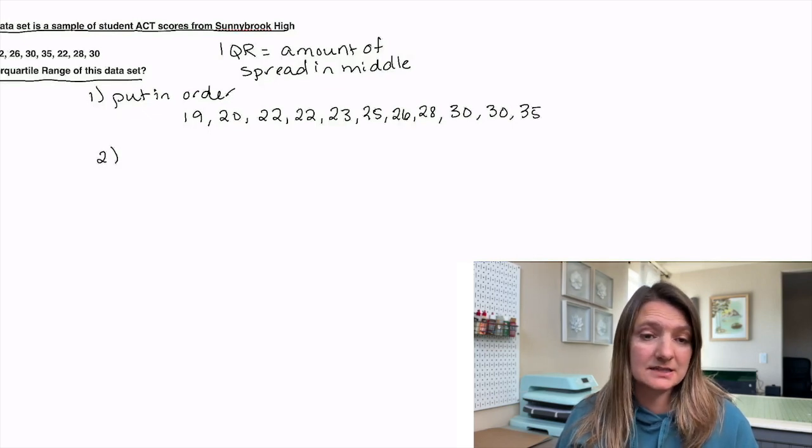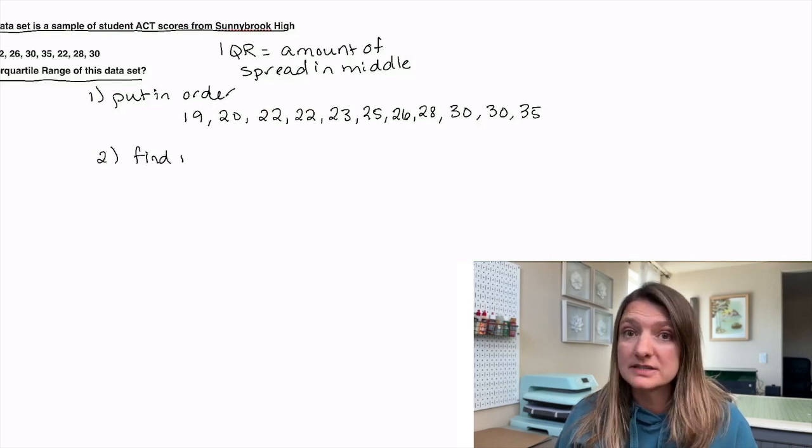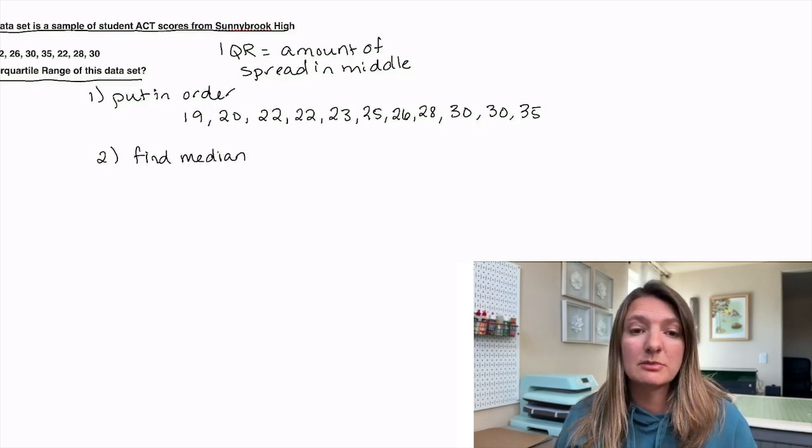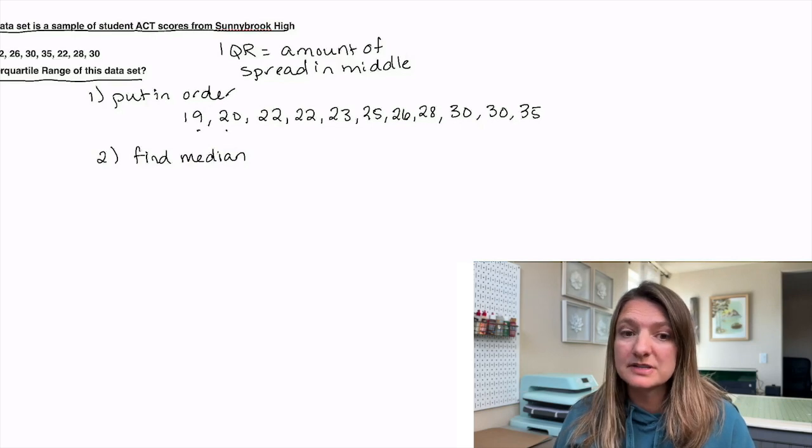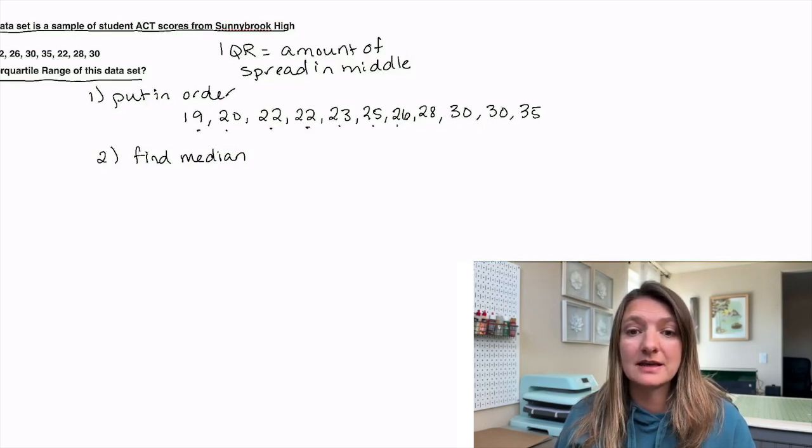Our next step is to find the median of our data range. If you remember how to find that, you count up the number of data points you have, and then you find the middle of the range. So the middle of our range here is going to be 25.